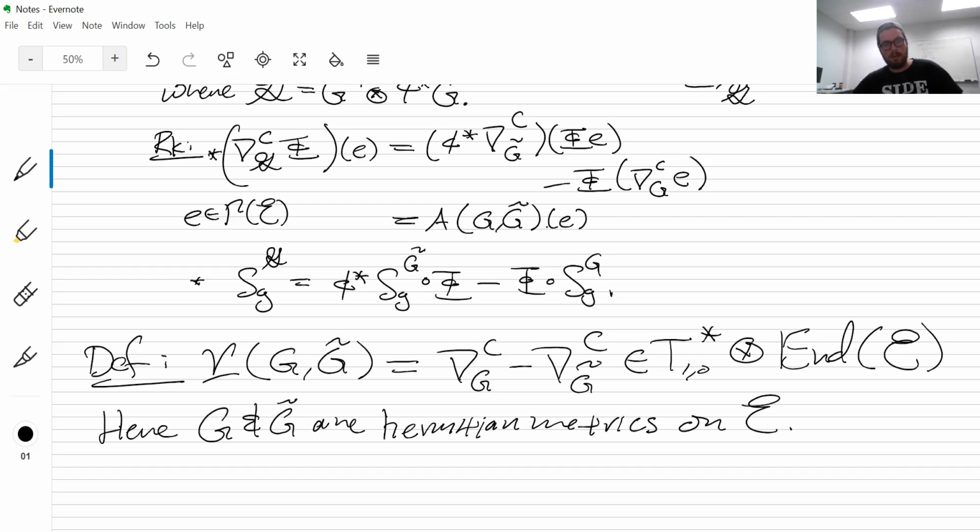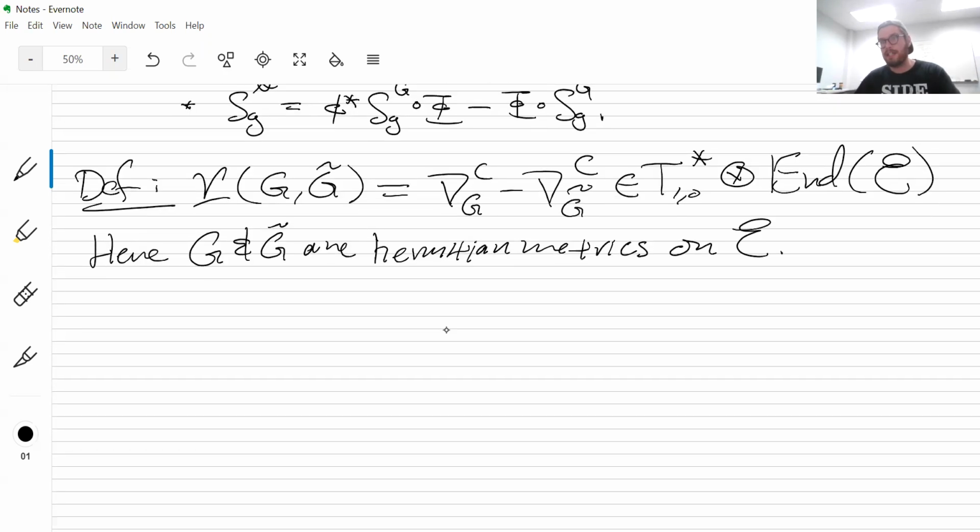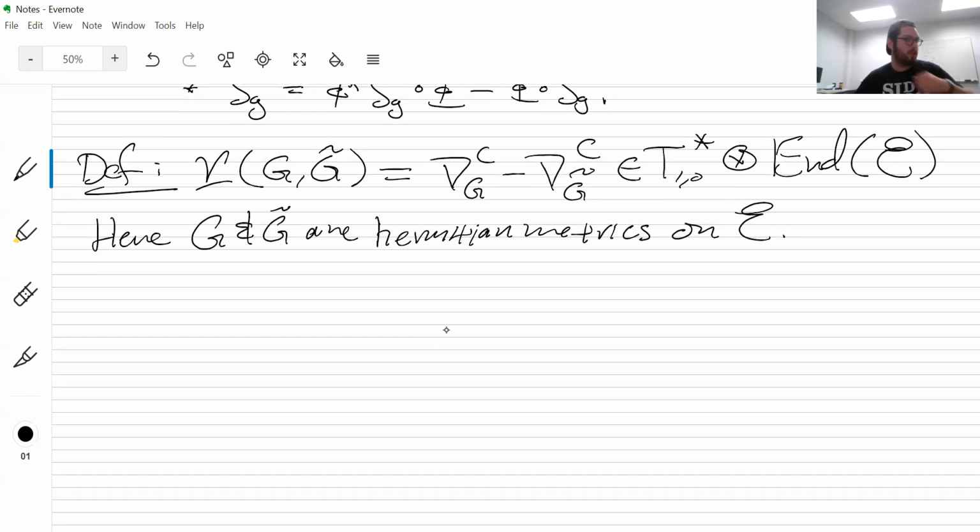So you can see the relationship between upsilon and this A quantity that I've mentioned in the setting where phi is the identity. And it turns out that the setting where phi is the identity is the one we're going to be most concerned with.